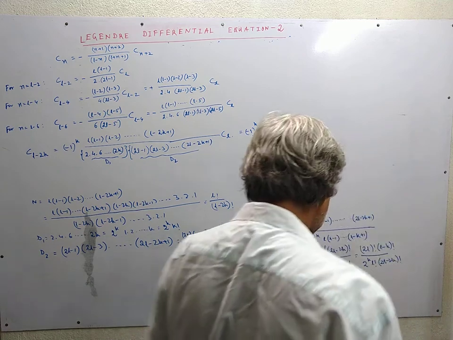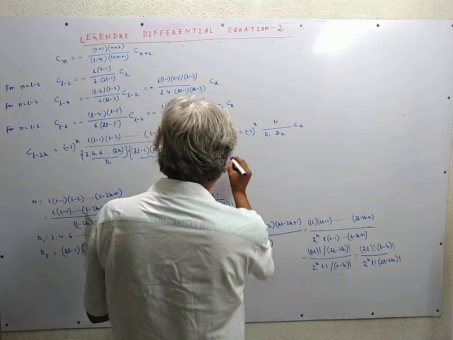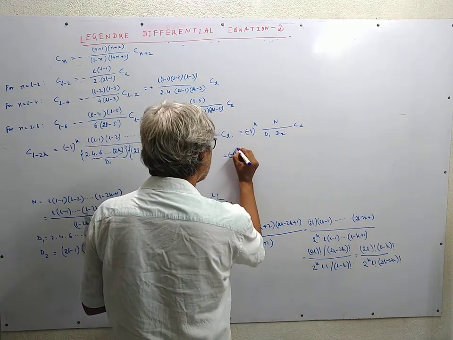That's all. Let me check, it's a complicated calculation. We use all this result over here. So we get minus 1 to the power k.